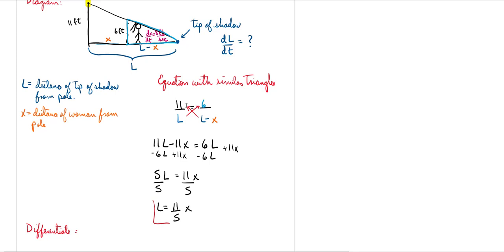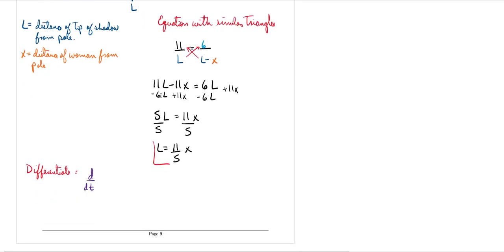So the derivative with respect to time of L is equal to the derivative with respect to time of 11 over 5 times X. So this is going to give us a dl dt, which is what we're looking for.